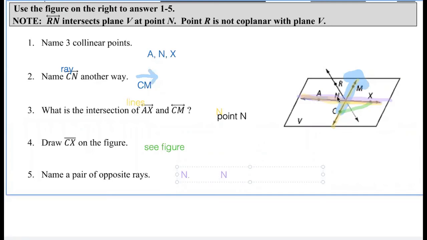And then we just need the point that's in one direction, so that would be X. We can name our first ray NX, and then the other point in the opposite direction would be NA.